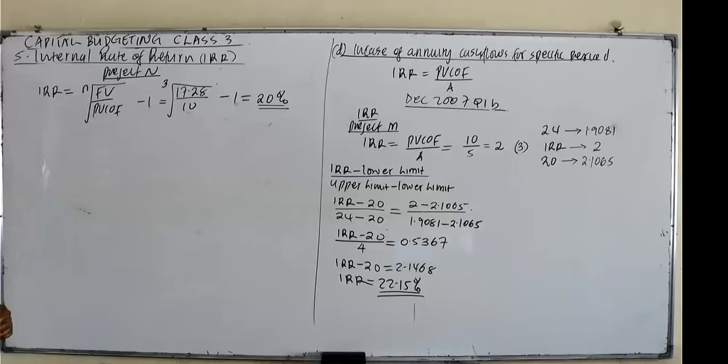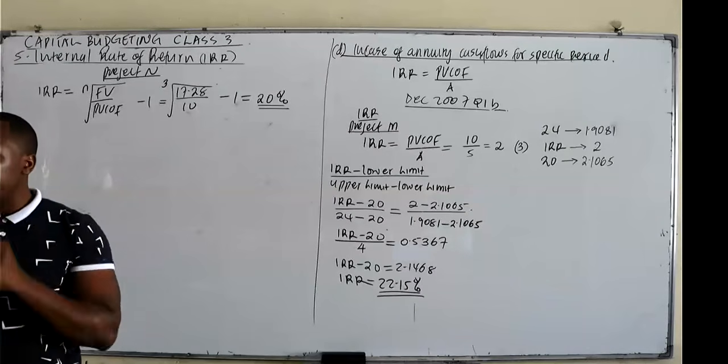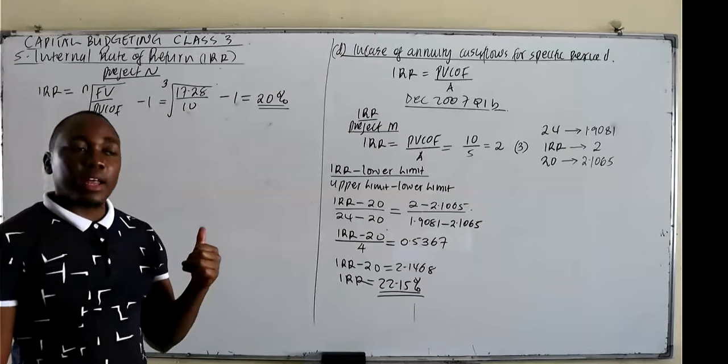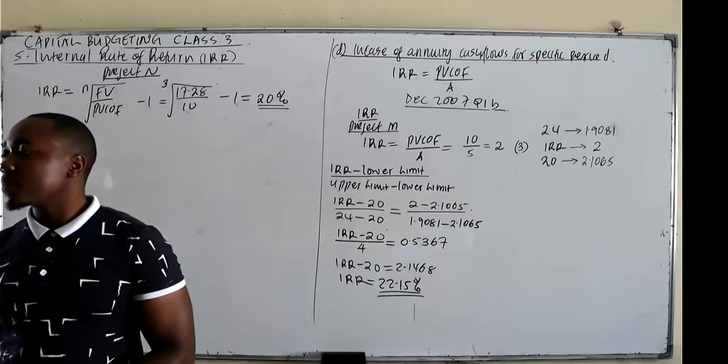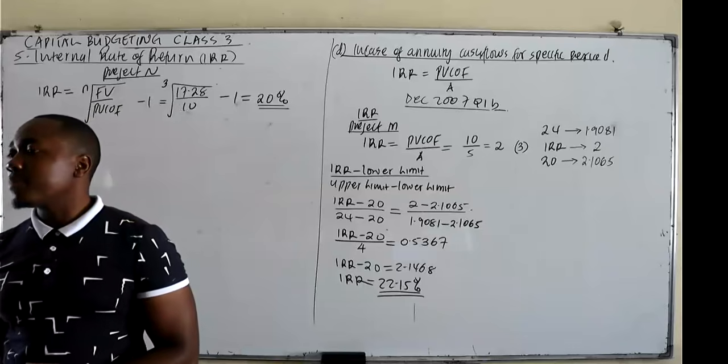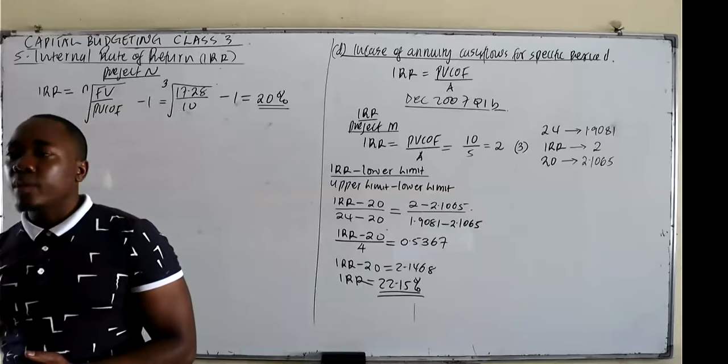You have been told that the two projects are mutually exclusive. You choose one. So how do you make a decision under IRR? Can you go back to the decision criteria? How do you make a decision?